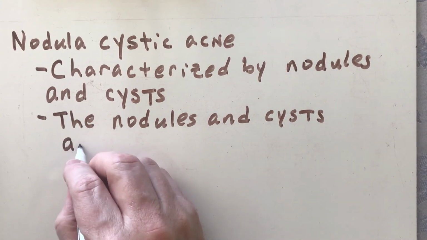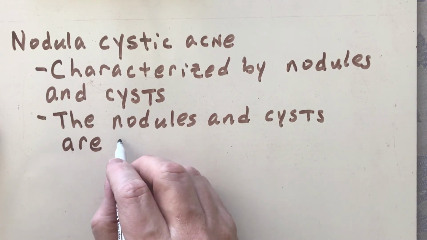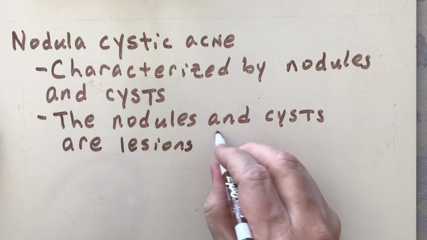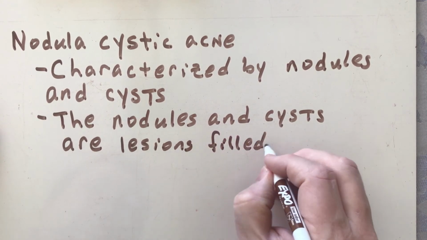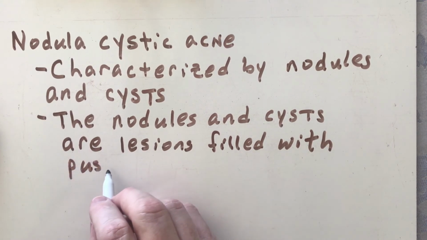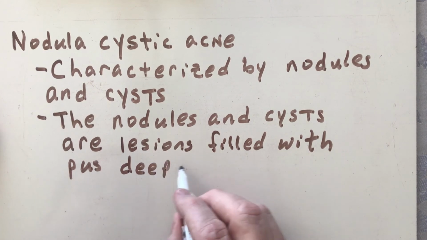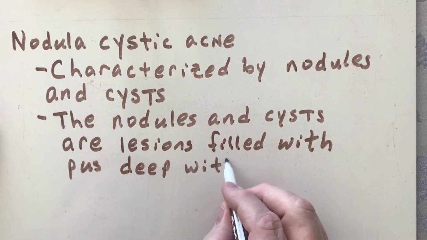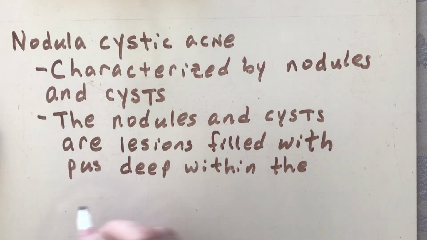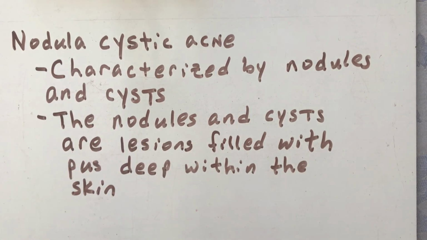Let's put it this way. These are lesions filled with pus, and they are under the skin or deep within the skin. Because it's underneath, you see acne, but you also see the cyst.